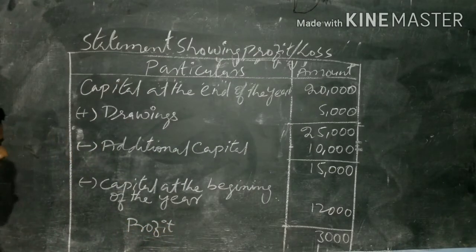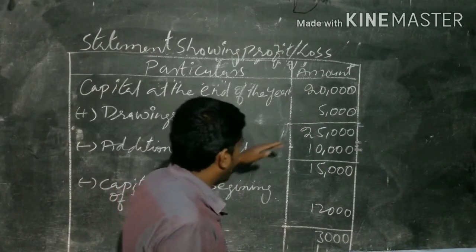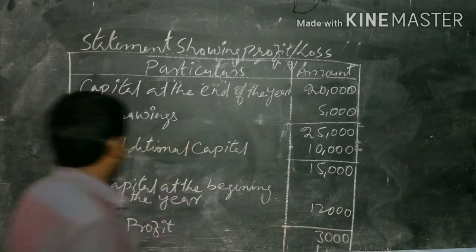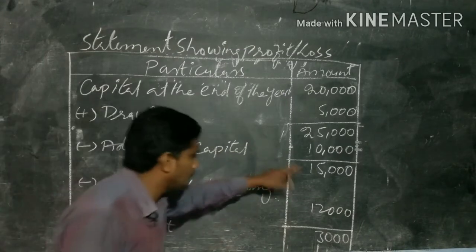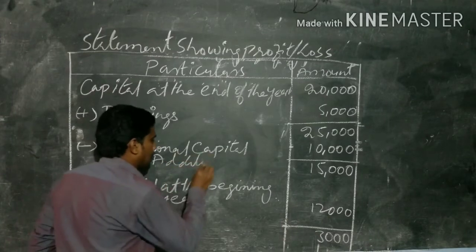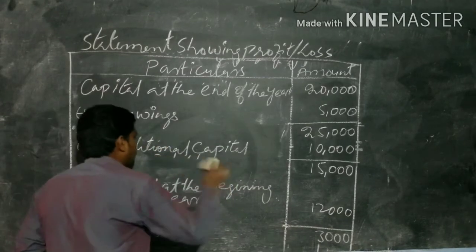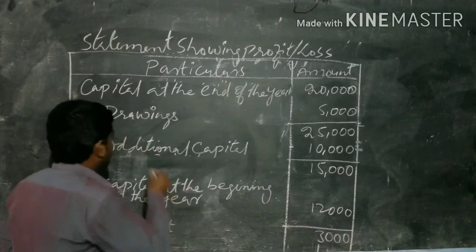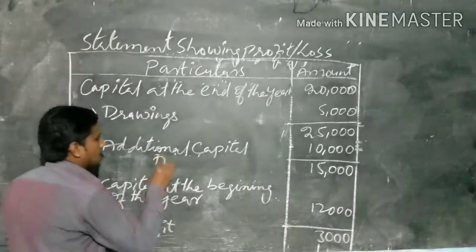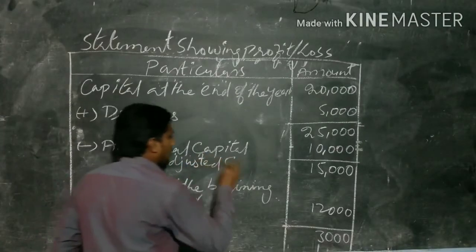In the last class, in the 3rd lecture, as I explained to you, the 15,000 is also called adjusted capital.